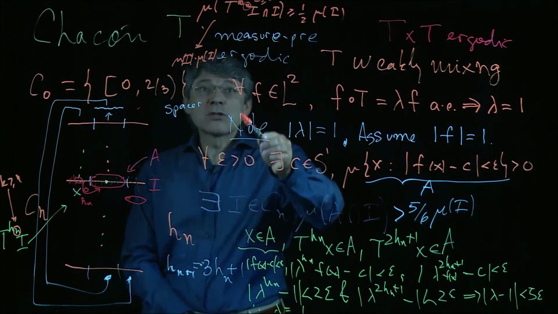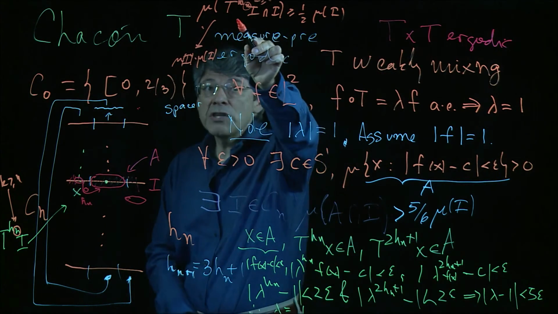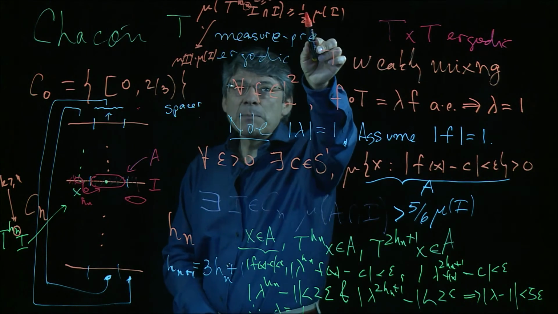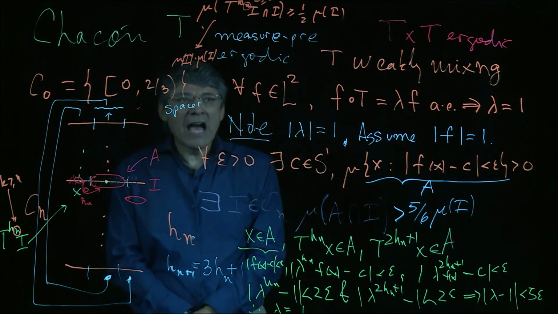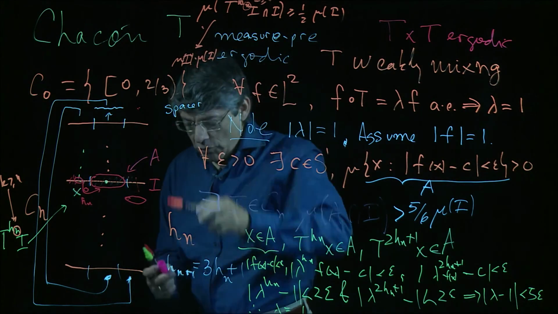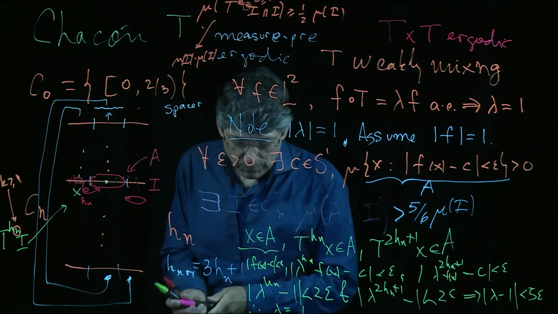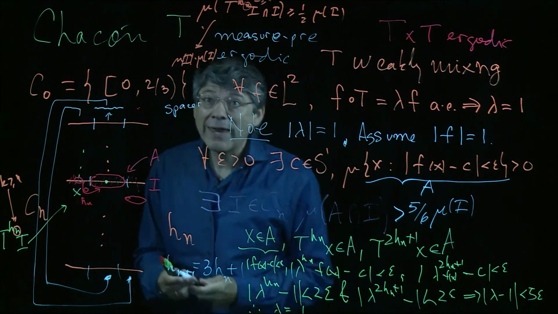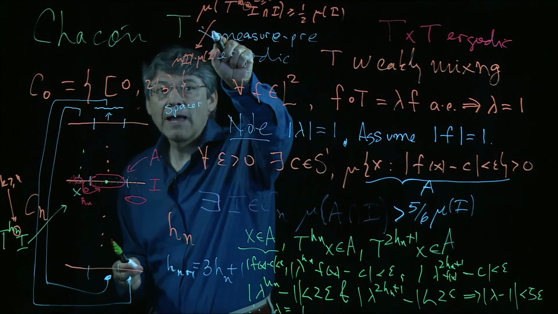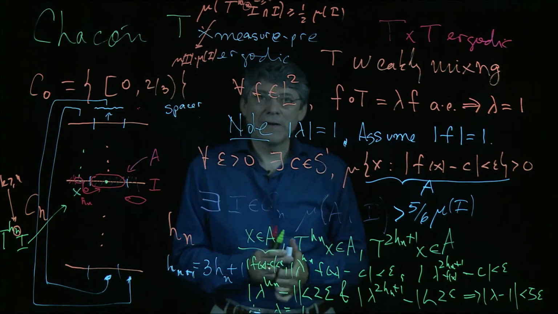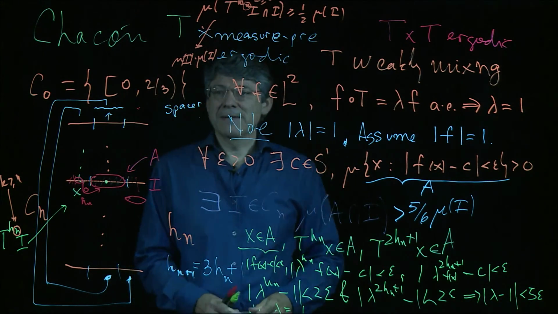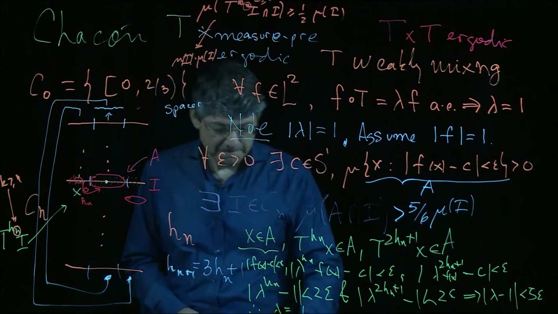But what we have done is we have found a sequence along which this is bounded below by a half the measure of I. And since the measure of I is less than a half, there's no way that this can converge. So here we'll write no. This doesn't happen. It doesn't converge to the measure of I times the measure of I. Therefore, it is not mixing. That finishes the proof that it's not mixing.